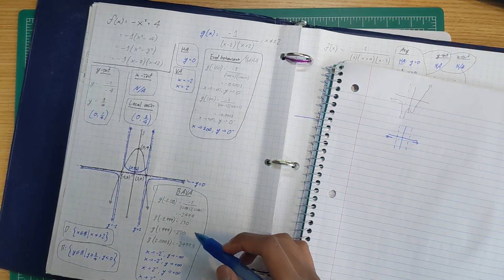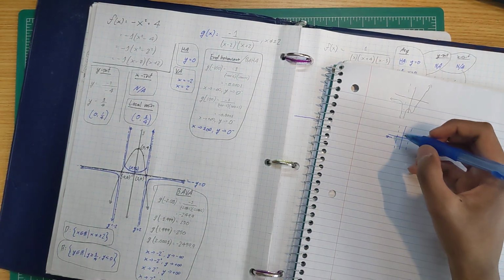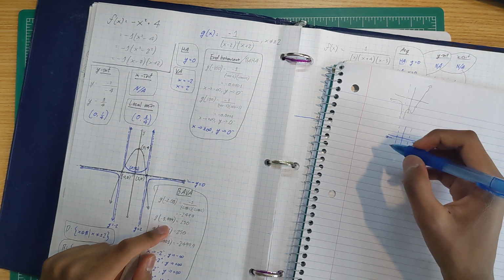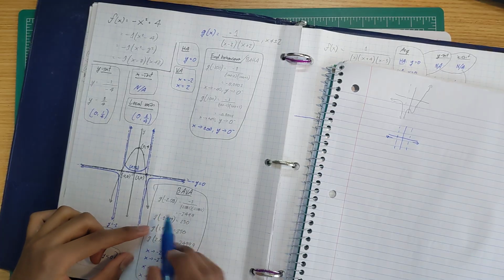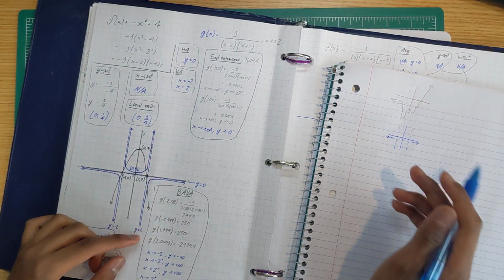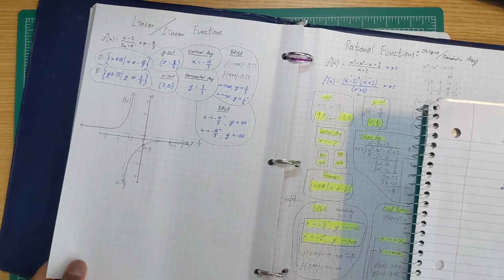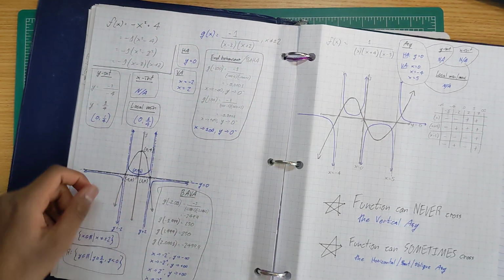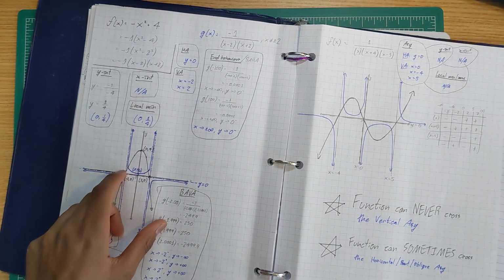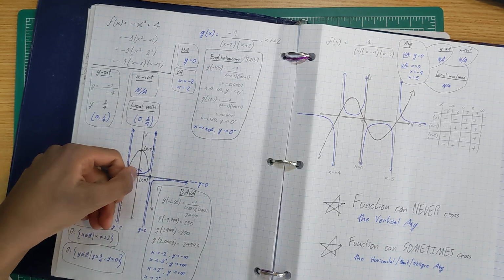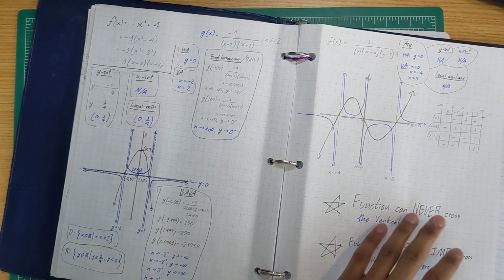And then you do the same thing. So you're going to find the behavior of the function as x approaches negative 2 from both the left side and the right side, and as x approaches 2 from the left side and the right side.